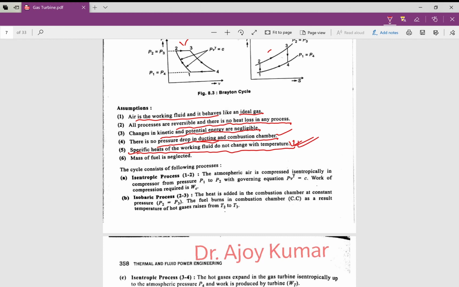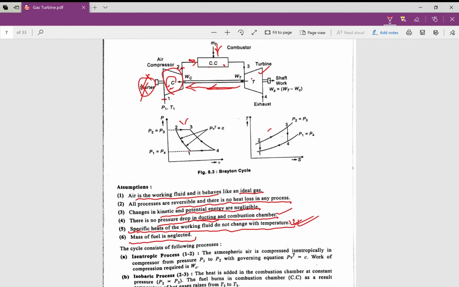And the last one is that mass of fuel is neglected. At point 1 we supply air, air is compressed, and some amount of fuel is supplied over here. So the assumption here is that the mass of fuel is neglected.